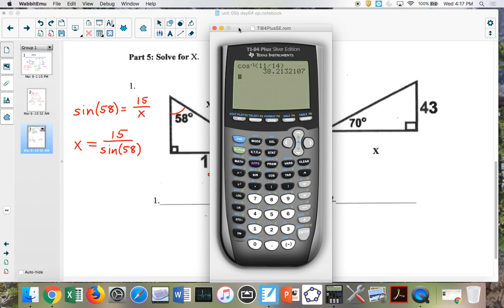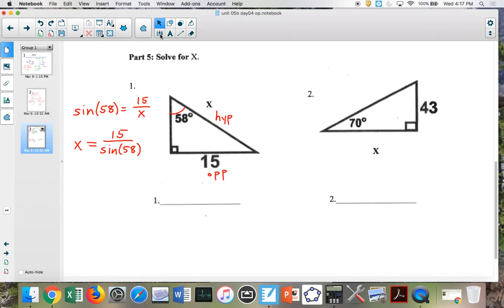And let's do 15 divided by sine of 58. And we get side x is 17.7 in length if I round it. So 17.7 for x. And that's units.